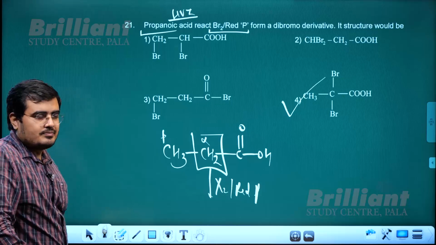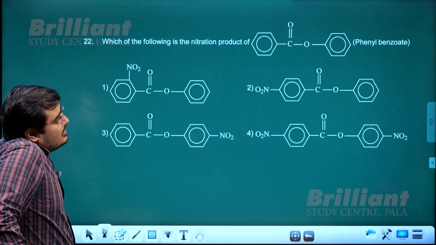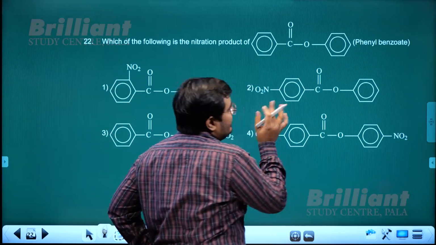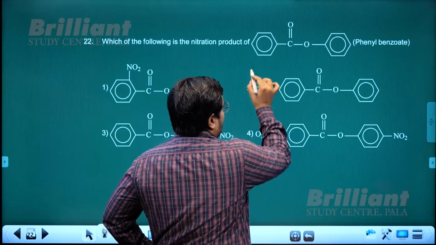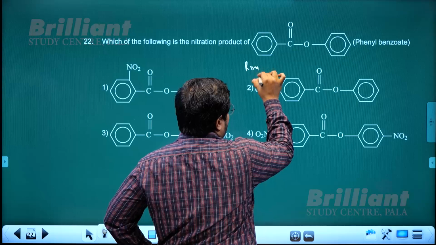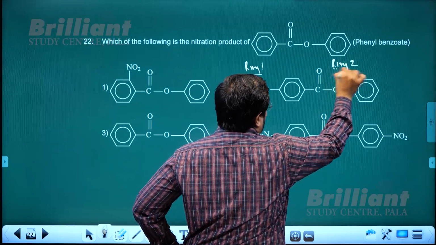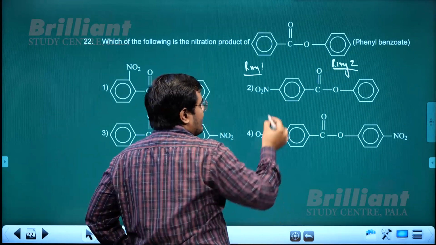Next is, which of the following is the nitration product of this ring? Now for this, you are only supposed to look at the key atom which is directly attached to your ring. Let's say this is ring 1 and this is ring 2. While deciding on which ring NO2 will go, you need to look at the key atom directly attached.